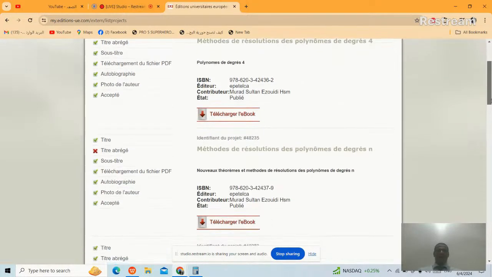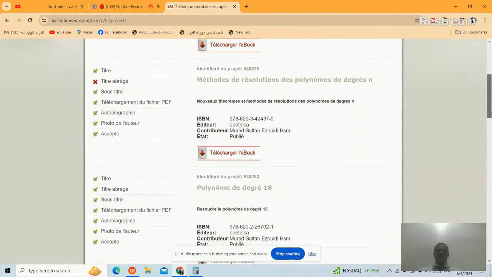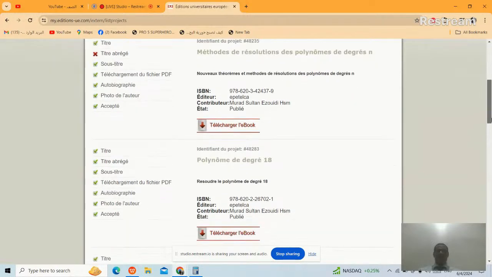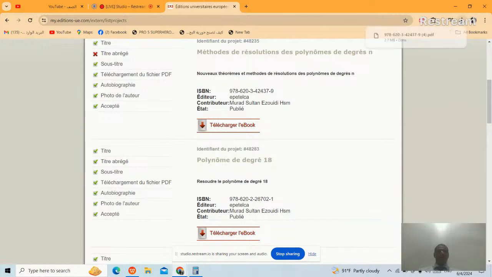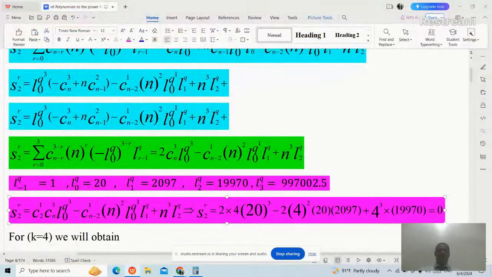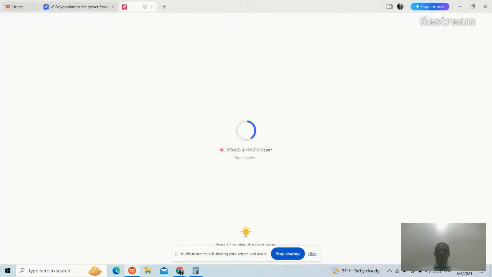I will go to the methods of resolution of polynomial to the power n. I will upload this one, and immediately I will go to the formula that I use. This is the book, for those who are interested in learning solving polynomials to the power n.